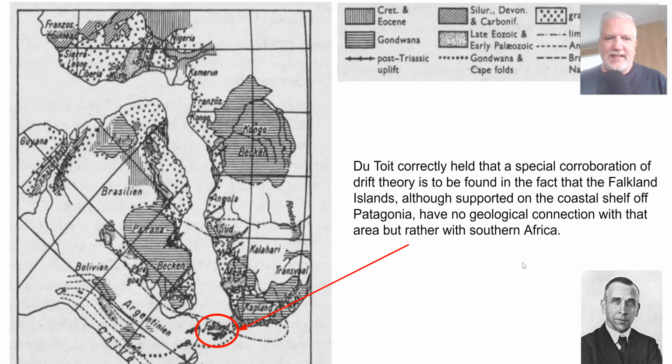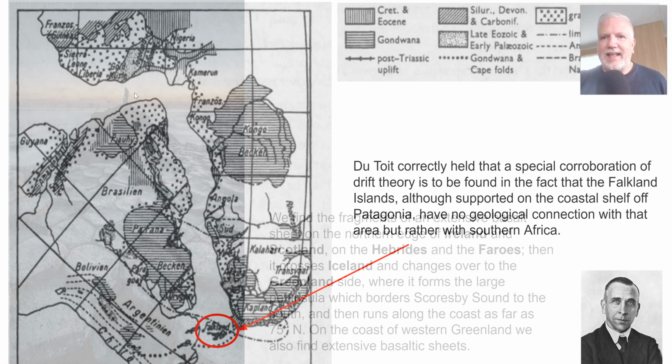Here's what he says here, quoting somebody else, de Toit, correctly held that a special corroboration of drift theories to be found in the fact that the Falkland Islands, although supported on the coastal shelf of Patagonia, here near Argentina, they have no geological connection with that area, but rather with southern Africa. And it's that level of detail as he goes up through this, matching up as best he can.